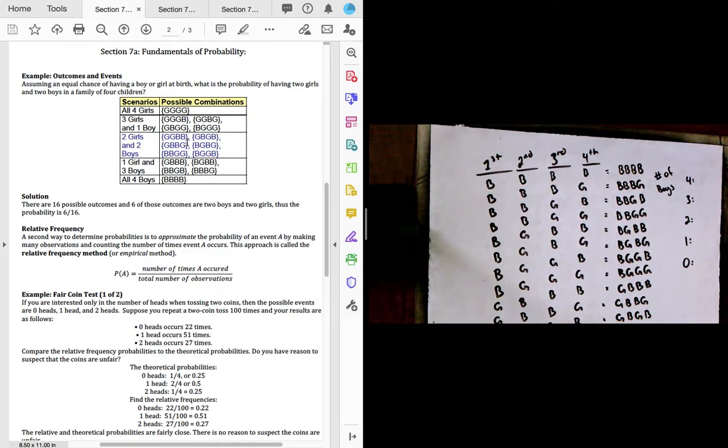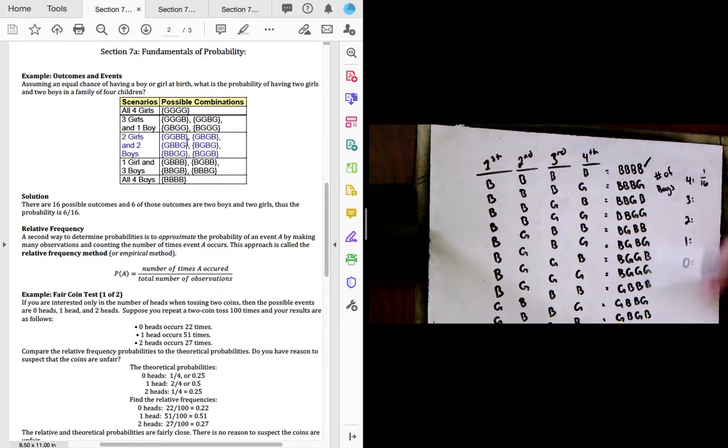And so what I'm going to do now is look through here and identify how many of these satisfy all of those criteria. So number of boys for 4. There is only one way to have 4 boys. And so the probability of having 4 boys would be 1 out of all those 16. Now I'm going to look through and find the number of ways that I've written out 3 boys.